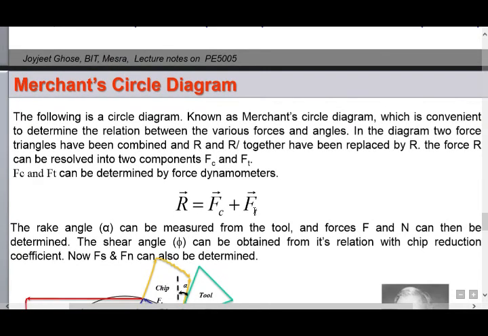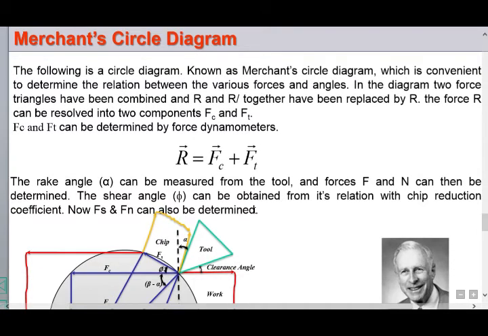So he suggested a compact, easy way to understand the representation of the various forces inside a circle, having the force vector as a diameter. This merchant circle diagram is convenient to determine the relation between the various forces and angles. The circle has a diameter for R passing through the tool.